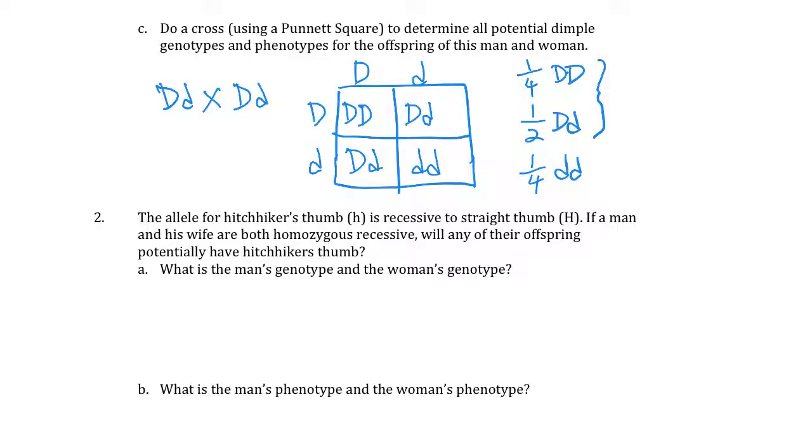If we look at the phenotypes, and let me just highlight this in yellow here, all of these will be dimpled. So that's 3/4.